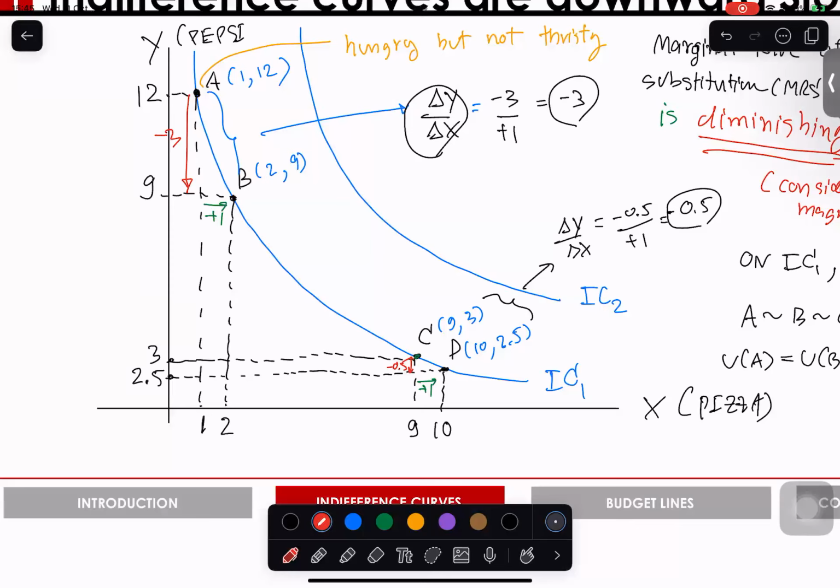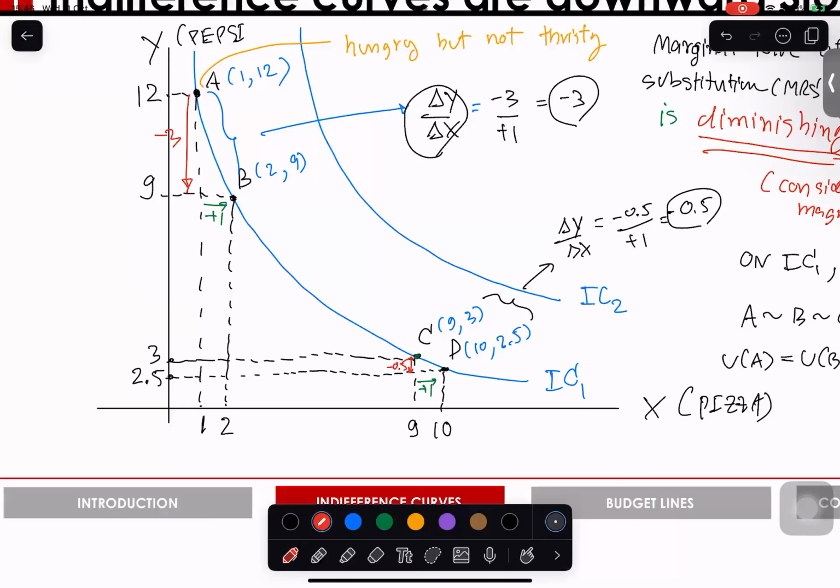One more time. At point B, when the number of pizza is almost running out, only 2 slices left, and you still want to take away from him, you could expect for sure that this slice is quite meaningful to him compared to when he has 10 and we take away 1, becoming 9.